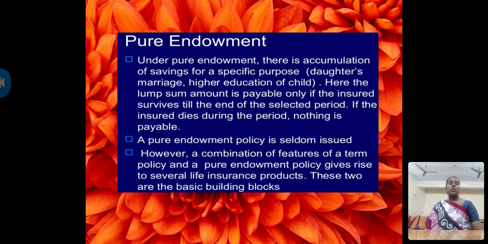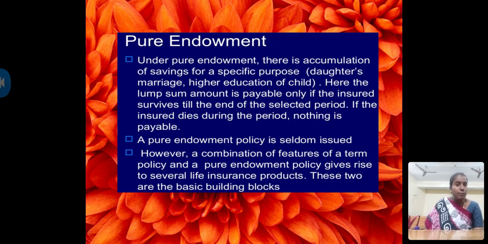Next, pure endowment life insurance policy. Under pure endowment life insurance, there is accumulation of saving for a specific purpose, such as daughter's marriage or higher education of the child. Here the lump sum amount is payable only if the insured survives till the end of the selected period. If the insured dies during the period, nothing is payable.